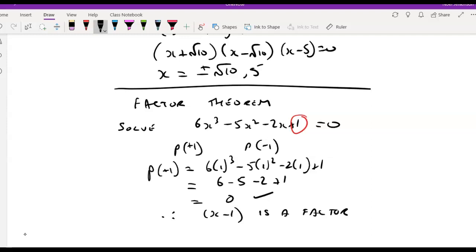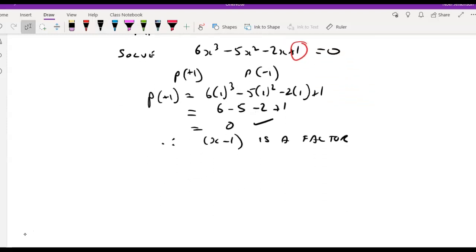Once you've got one factor, you can use any technique you like that you've learned. Long division, synthetic, inspection. I'm going to do inspection. So I'm going to use the number plus 1 coming from my factor x minus 1. I set it up like this.